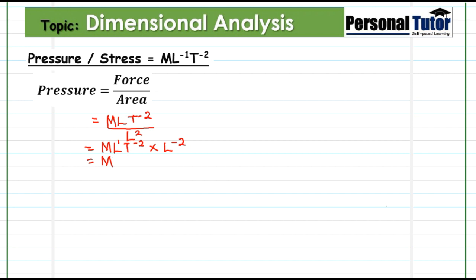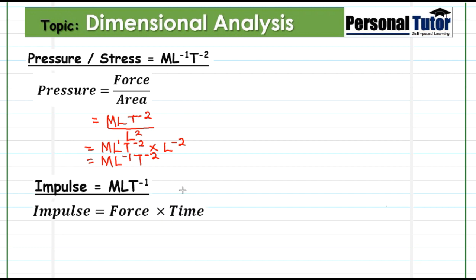When added, you will have negative 1 and T negative 2. That is why its dimensional equation was expressed as this.